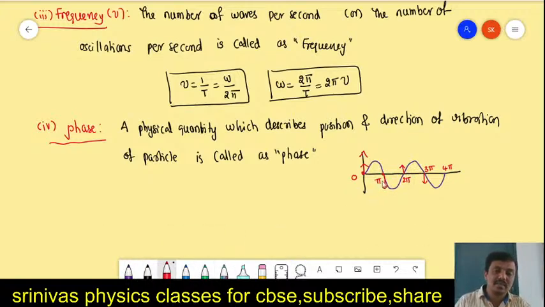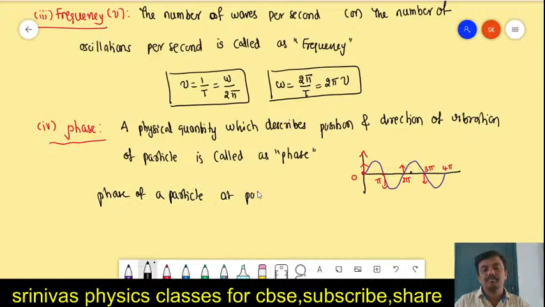And now this is called the phase, and there is a formula for the phase. For example, if you want to know the phase of a particle at position x after time t, the formula is kx minus omega t plus phi.